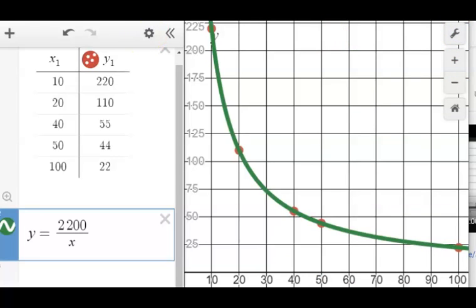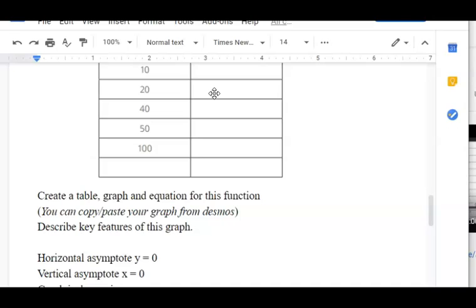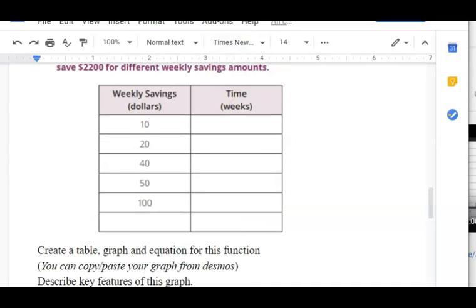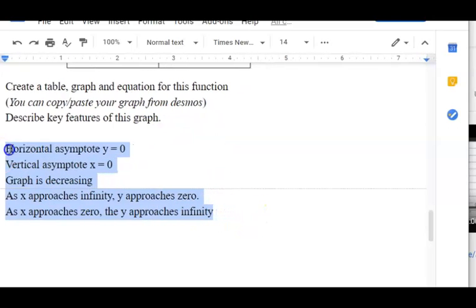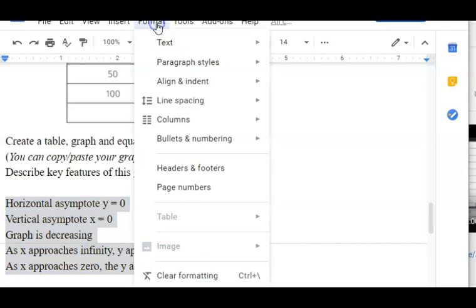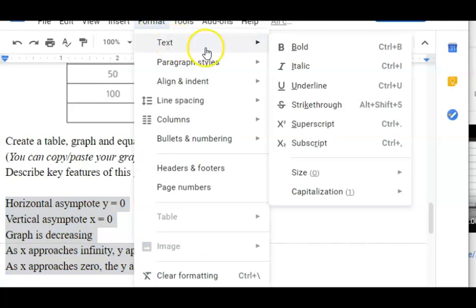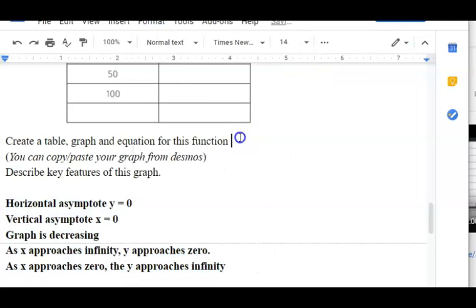All right, so let's see, what is the question? Describe key features of the graph. Well, it does have a horizontal asymptote at 0. So I've got these. Let me make these pretty for you. There we go.